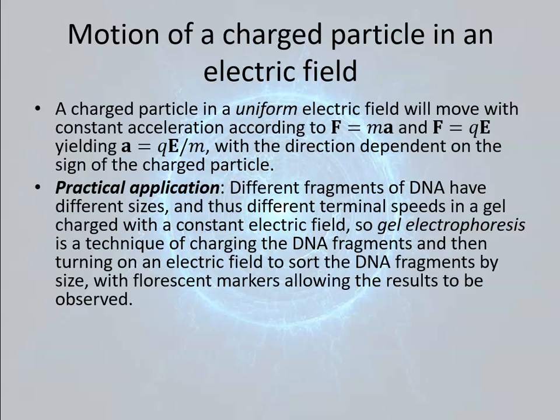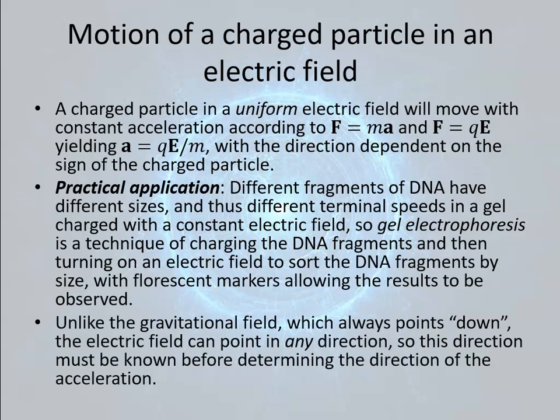So, gel electrophoresis, I hope I have not butchered that pronunciation, I've only read about it, is a technique of charging the DNA fragments and then turning on an electric field to sort out the DNA fragments by size, with fluorescent markers allowing those results to be determined.